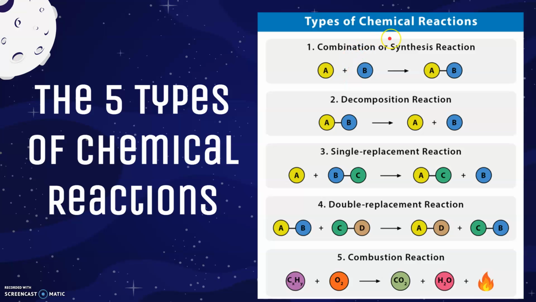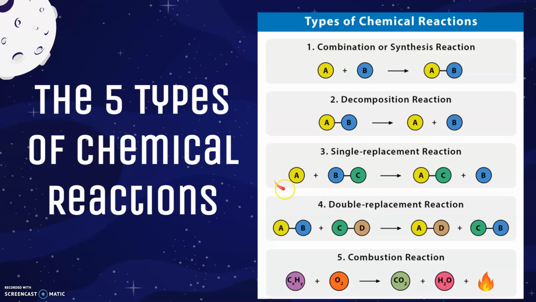So we've got the combination or the synthesis, so just putting things together. Like I'm taking 2 chemicals and I'm putting them together. So I want you to look at the graphic here. Over here, you can see that they're separate, and then over here they're combined. Opposite here, they're combined, and then we're busting them apart.